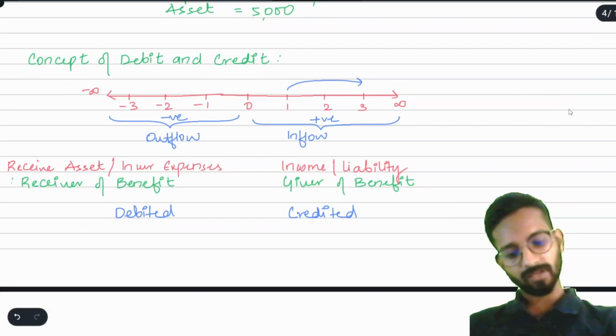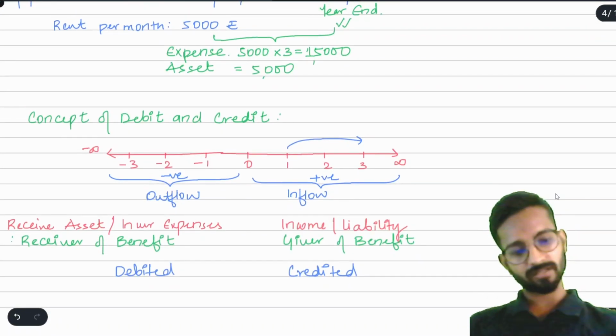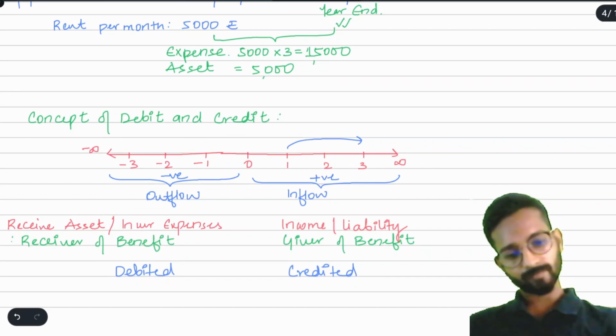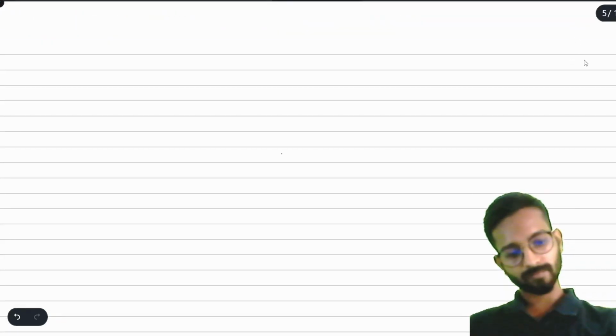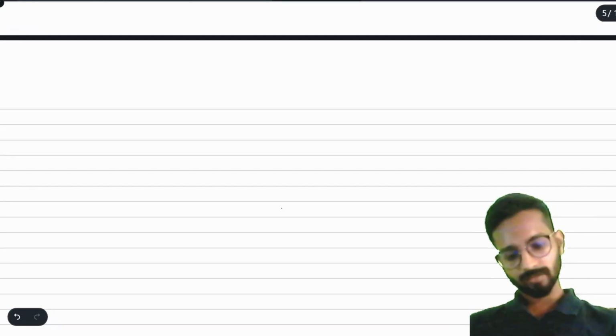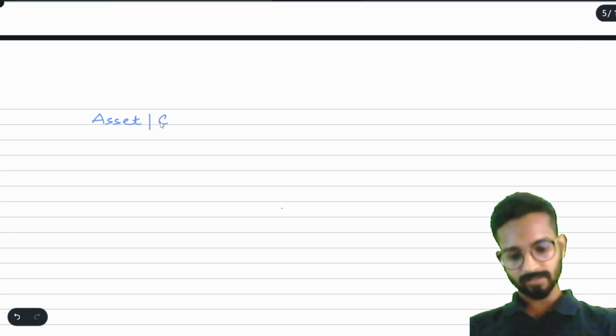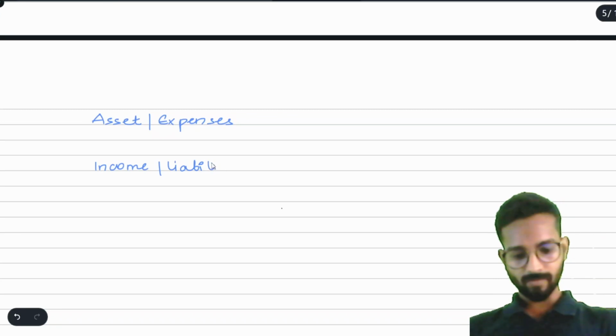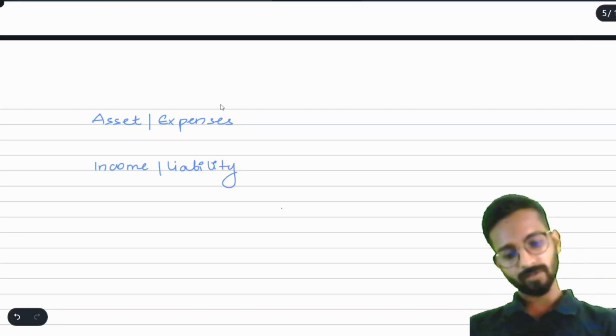So from this we can say the concept of debit and credit teaches us that asset, expenses and income and liability, it will be asset and expenses increasing and decreasing.